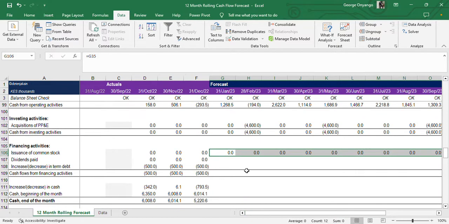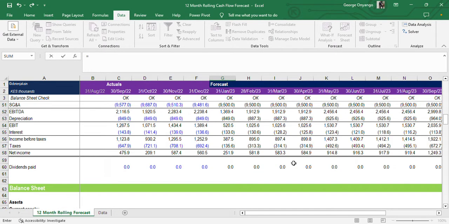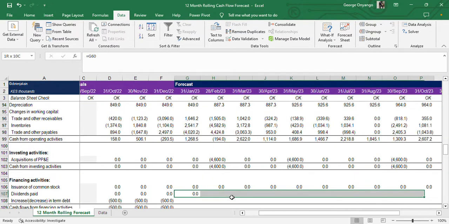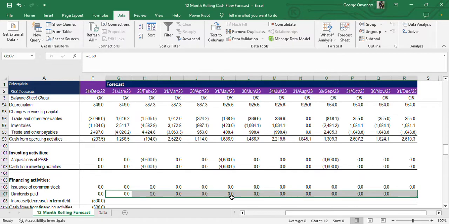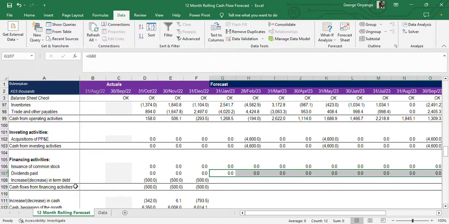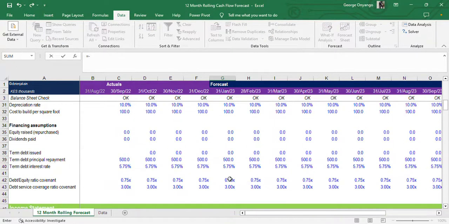Then did they make any dividend payment? We check that across the period. Fill that right. Then we have increase or decrease in term debt. We are told that they were making some payment. We can get that from the financing activity, from the assumptions.